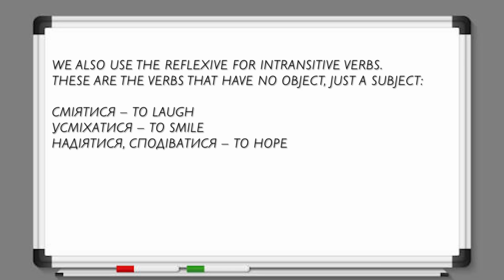Okay. Now let's move on to the third case. We also use the reflexive for intransitive verbs. These are the verbs that have no object, just a subject. For example, сміятися, to laugh, усміхатися, to smile, надіятися, сподіватися, to hope.